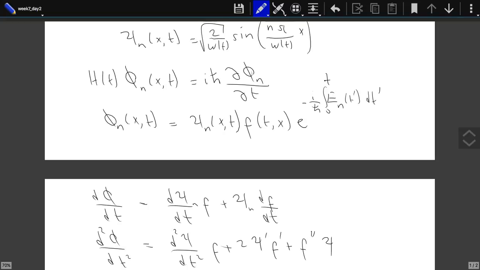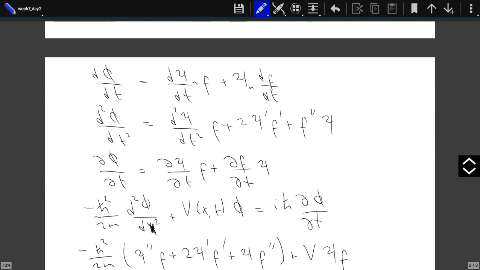So what changes here? Okay, so here these should be the x derivatives. They all contain this exponent.